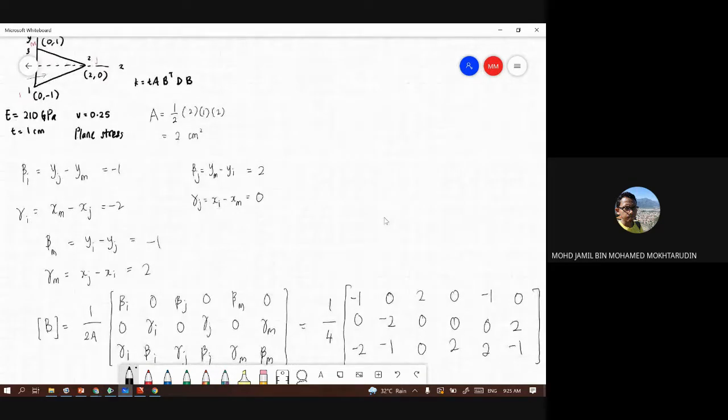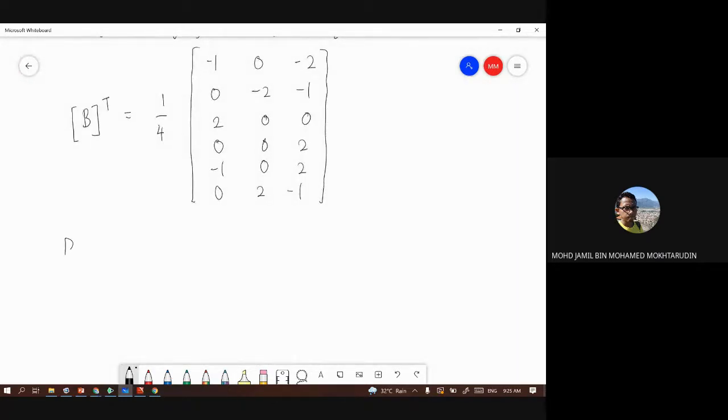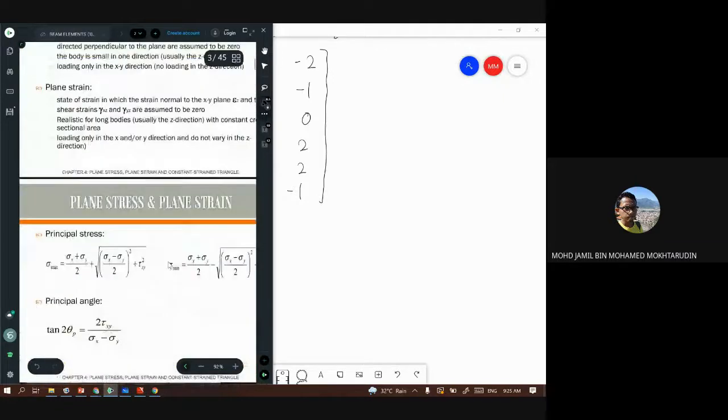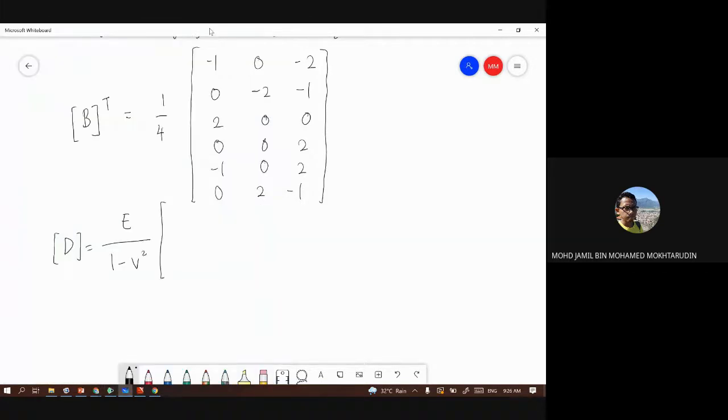So first we need to find our D. We don't have our D. So D for plane stress equals E over 1 minus V squared times the matrix 1, V, 0; V, 1, 0; 0, 0, (1 minus V) over 2. Okay, so you find your matrix D.